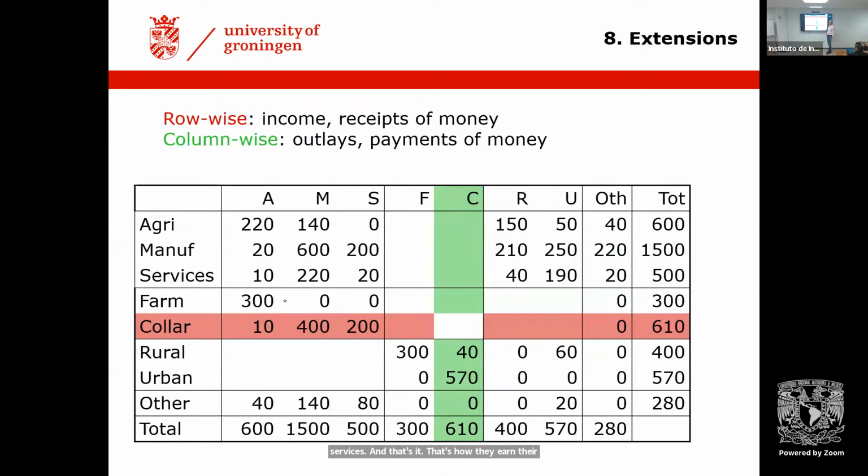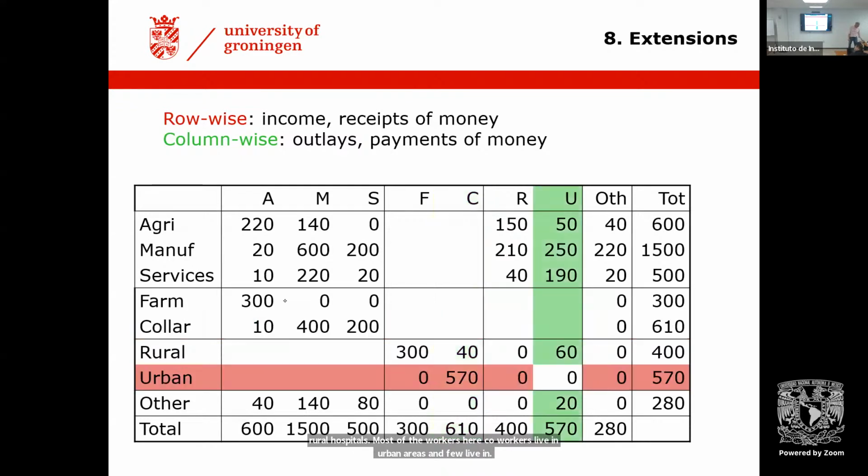How do they spend their money? Well, they don't spend the money themselves, because a worker is a worker, and the money is spent by households. So they give the money to urban households and rural households. Most of the blue collar workers live in urban areas, and few live in rural areas. The next step is what these urban households are going to do.